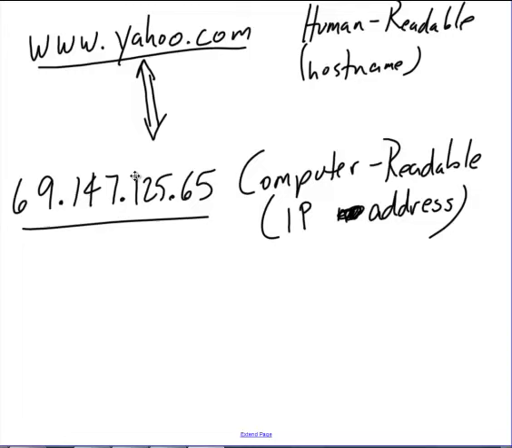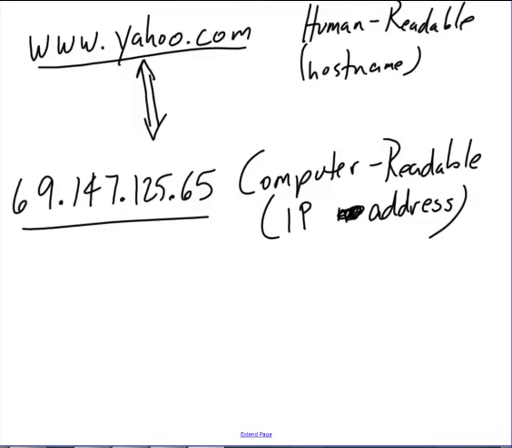So, very easy to remember for us as humans, www.yahoo.com, but in the end this is meaningless to a computer. And to actually get to that website, to actually have the computer communicate with that host name in any way, we have to translate it into an IP address. And the domain name system is what performs that for us.